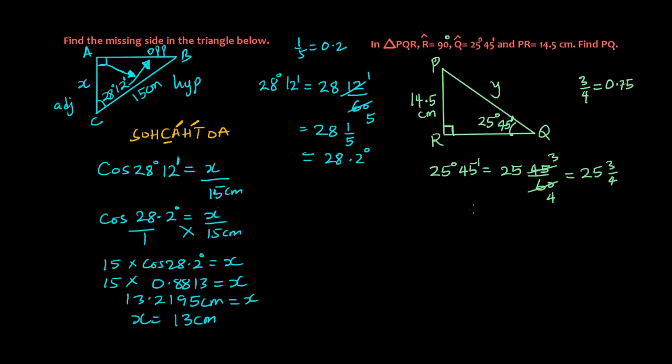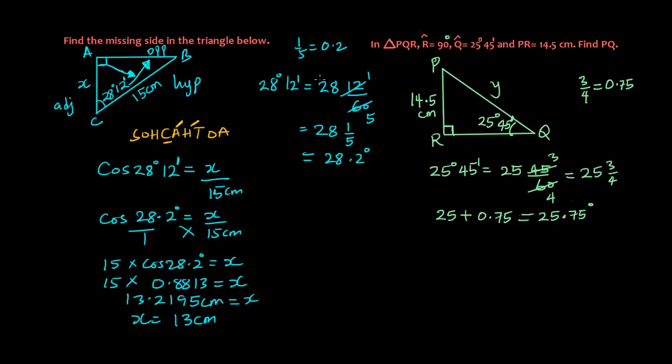So 25 plus 0.75 gives us 25.75 degrees. So it means 25 degrees and 45 minutes is equal to 25.75 degrees. Anytime you are given something in degrees and minutes like this, convert to degrees like this.